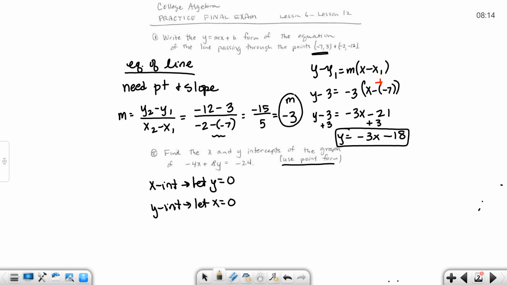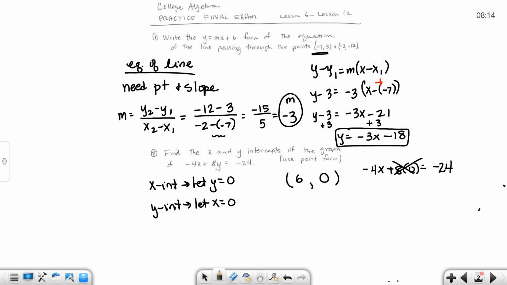So for the x-intercept, we're looking for a point. We're plugging 0 in for y. When we plug 0 in for y, that zeroes out. And when we solve for x, divide by negative 4 on both sides, and we get 6 for the x.